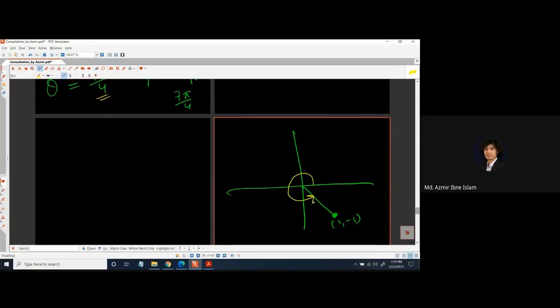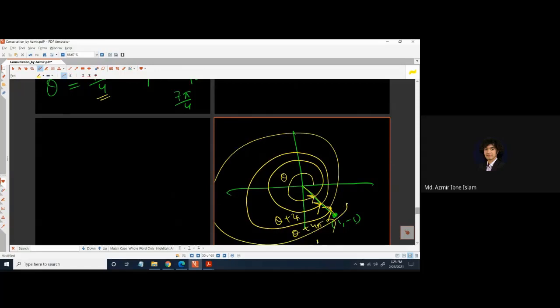We can come from positive x-axis to this line. So this is, let's say, theta. If we come by another rotation, we will get the same line. So theta plus 2 pi. We can come again, theta plus 4 pi. We can come again, theta plus 6 pi, like that.